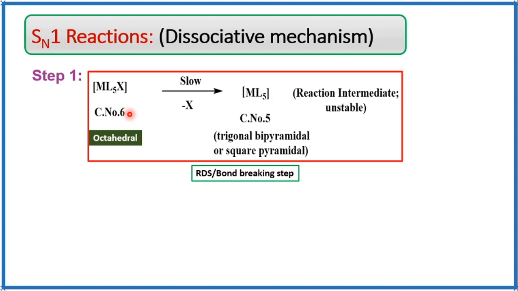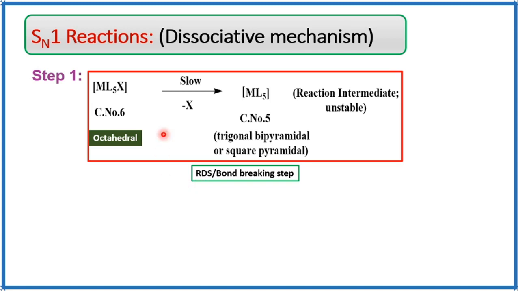As we know, octahedral complexes have coordination number 6. In the first step, this complex is involved in the reaction, and this step is a slow step. Whenever we call a step a slow step, that can be referred to as the rate determining step in chemical kinetics.